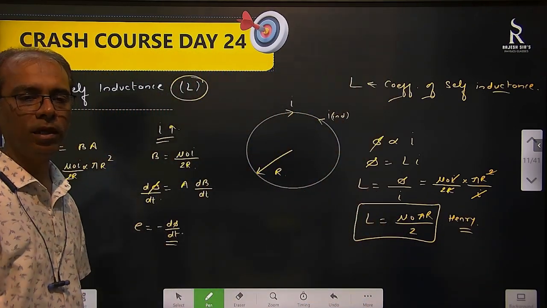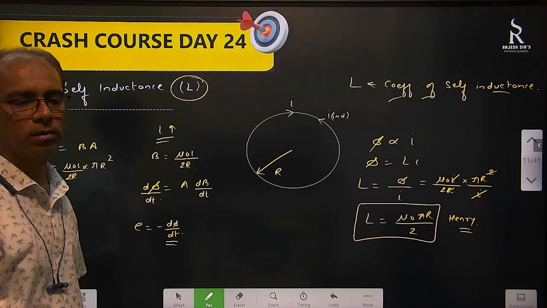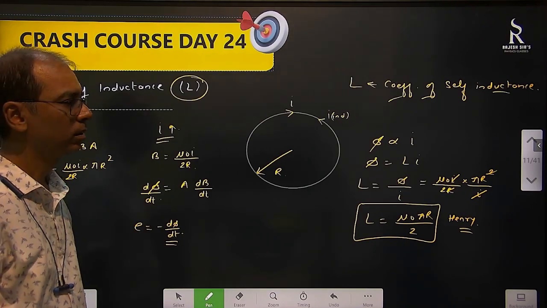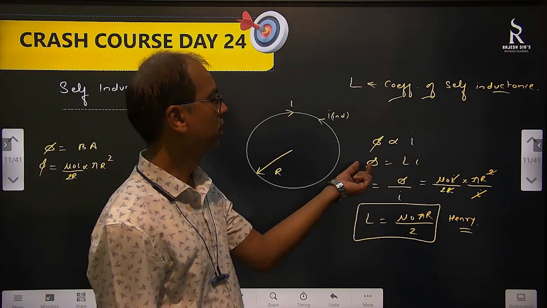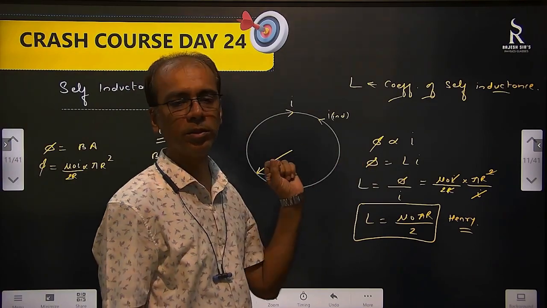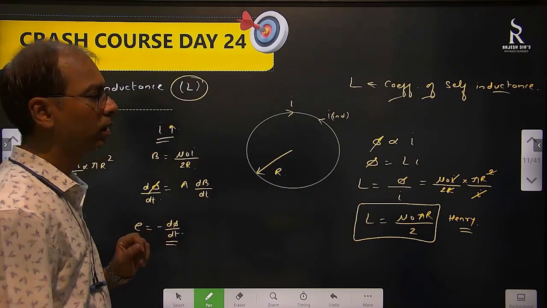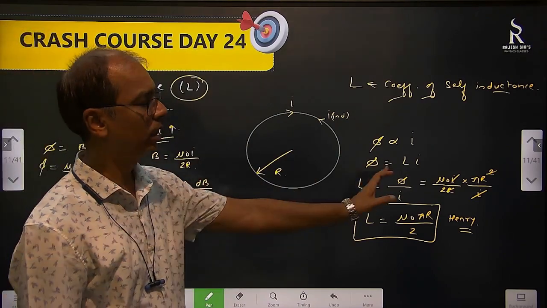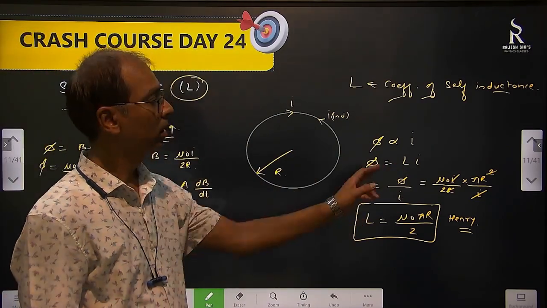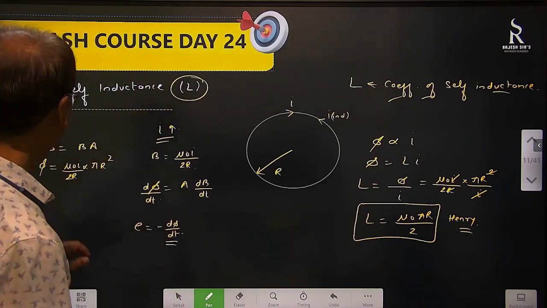Now dimensions again, can we find L's dimension? Obviously we can find it, right? Phi's dimension we can find with the help of magnetic field into area. In fact, we have found it already. So directly we can see it from here and put it. We'll be getting Henry's dimension. Shall we do it? Let's see.